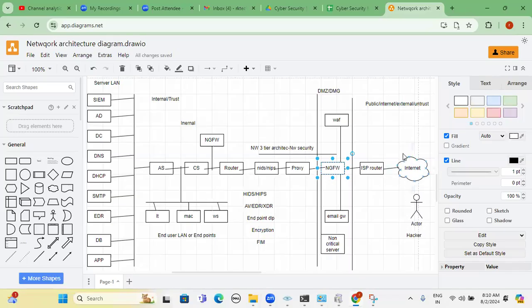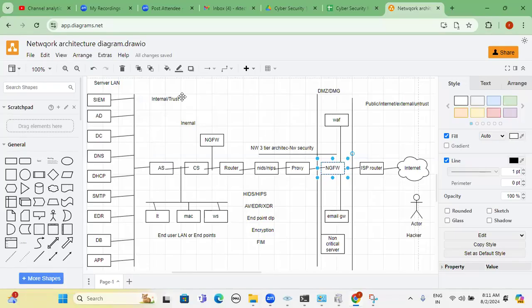Now, from the thief or robber's point of view, what score can you give for the trust zone? Any idea out of 100? I'm repeating once again. Consider this entire architecture diagram like your house.